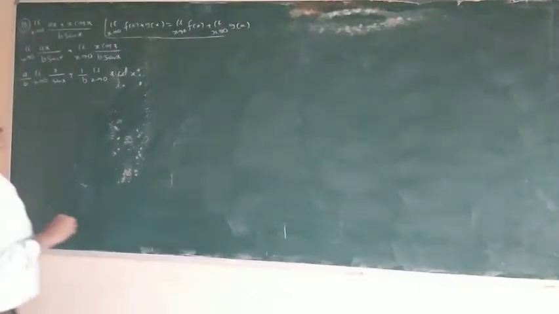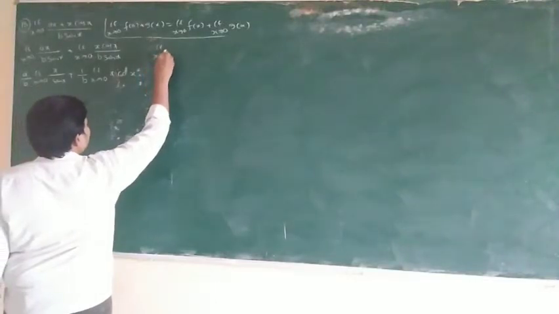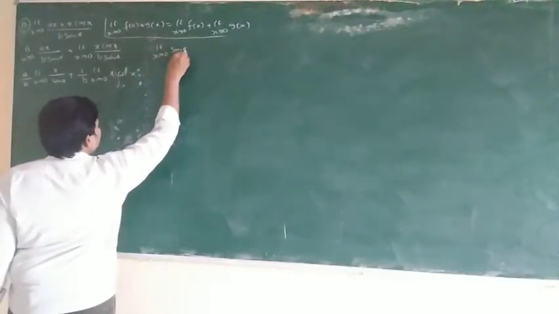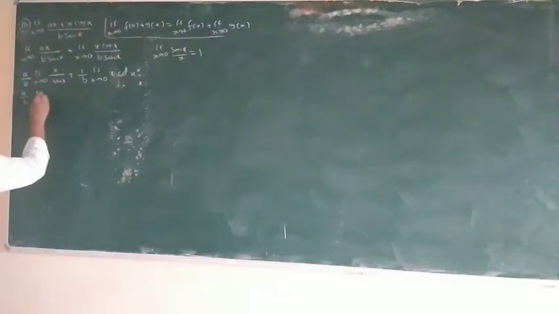Limit x tends to 0, sin x by x is equal to 1 and tan x by x is equal to 1, these are formulas. So x by sin x is not a formula.